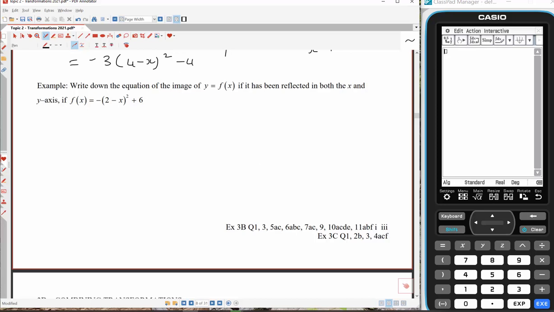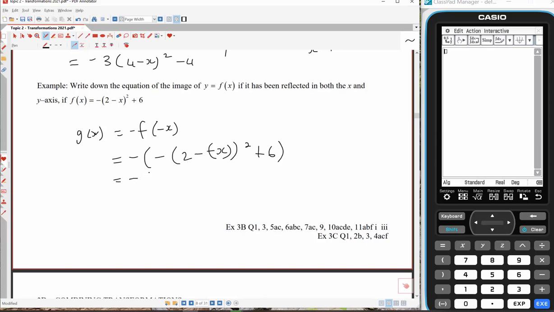Right, now what we'll do is reflect in x and y. So we'll make a new function g of x equals negative f of negative x. So that's both of them. All right, so let's do that. So we're going to go negative, open your brackets, negative 2 take, this one here is going to be negative x, goes in place of x, squared plus 6, close brackets.